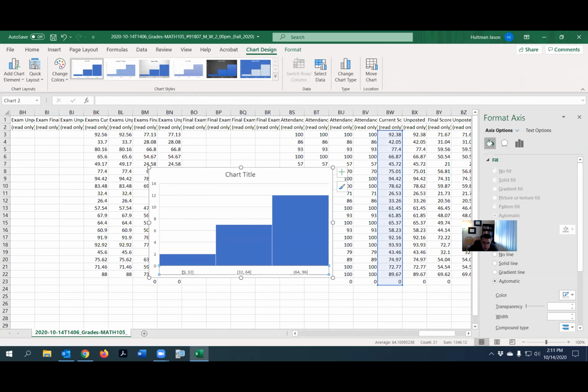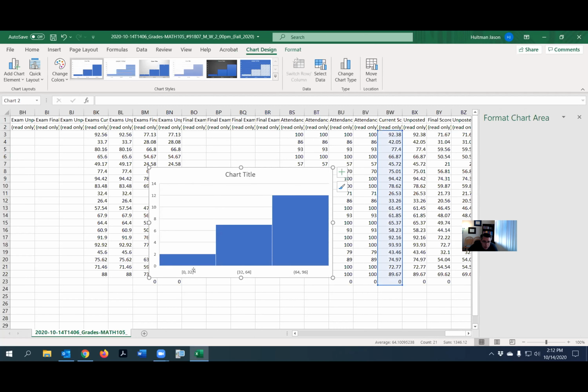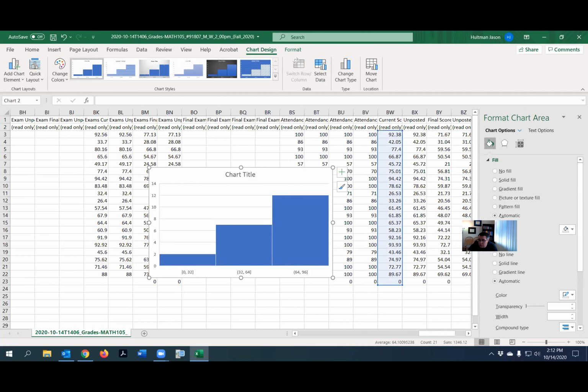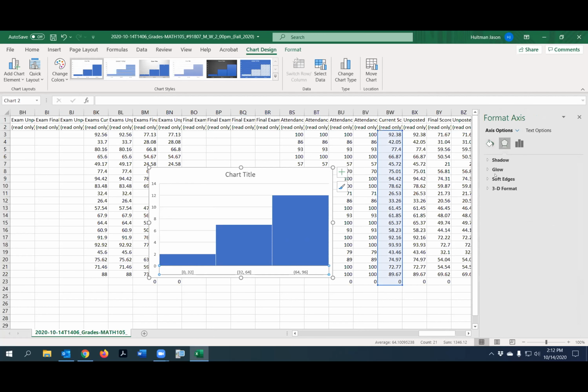Okay, and from that plot area, I want the chart area. There we go.